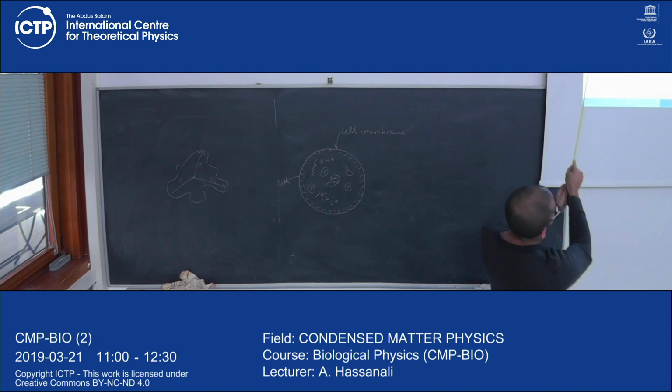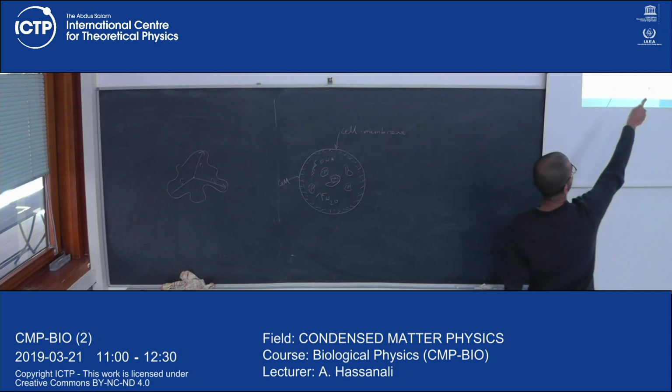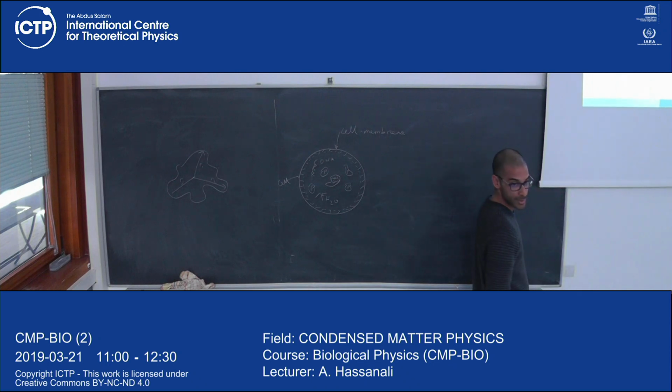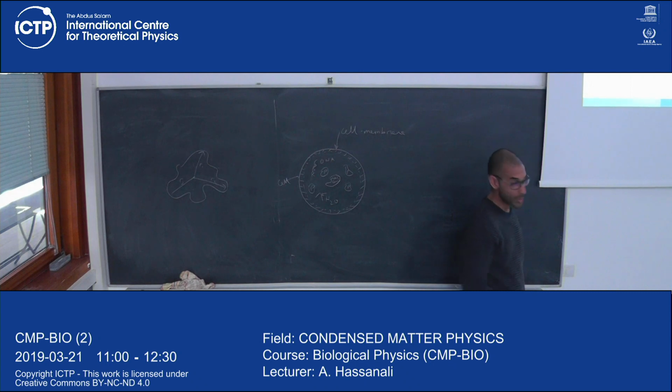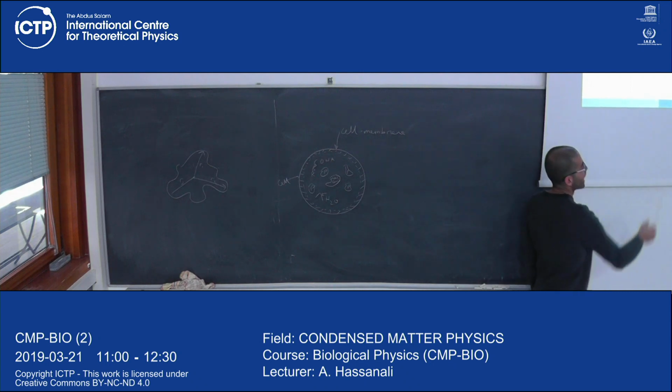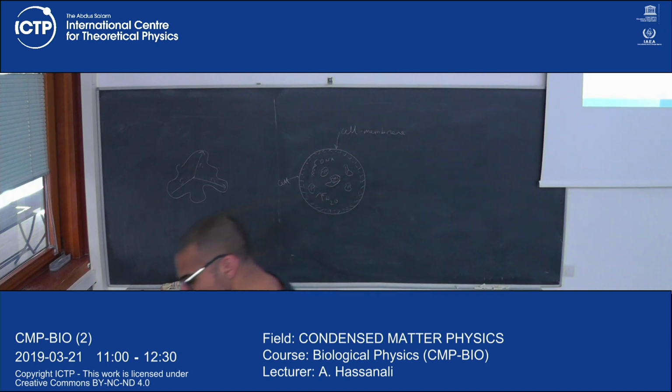And so how many proteins do I have in the cell? 10 to the 6. So this is up here somewhere. It's down here in concentration. So what this is saying is that the average spacing between particles in the cells is quite small.